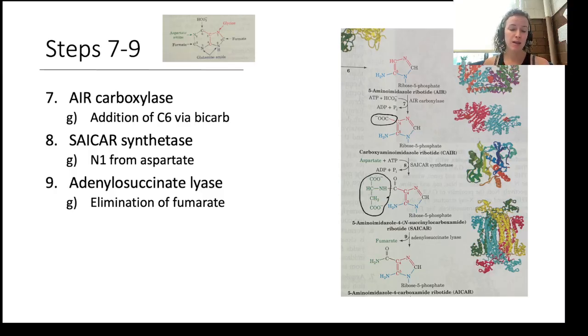Step 9, adenylosuccinate lyase. Here we're going to eliminate fumarate so that we are only left with that amino group left on the structure. Now in this kind of amide functional group, chopping off fumarate and all the rest of those atoms because we do not need them to move on.